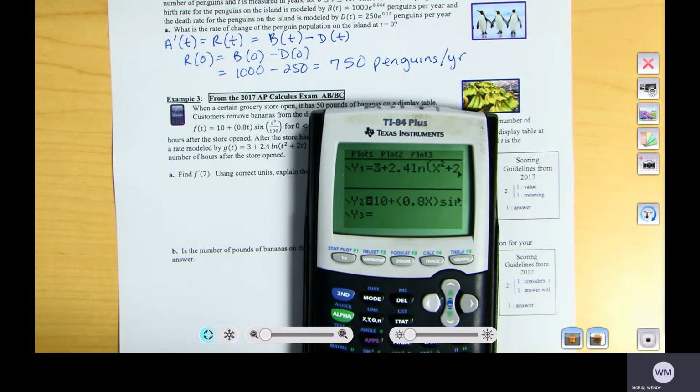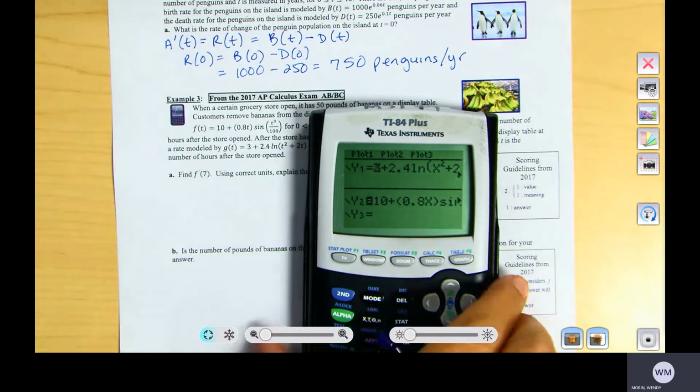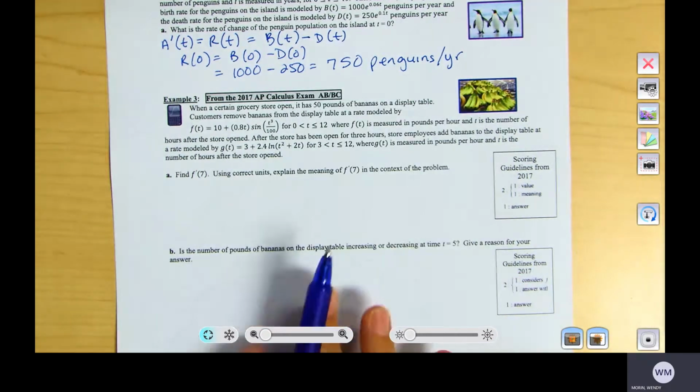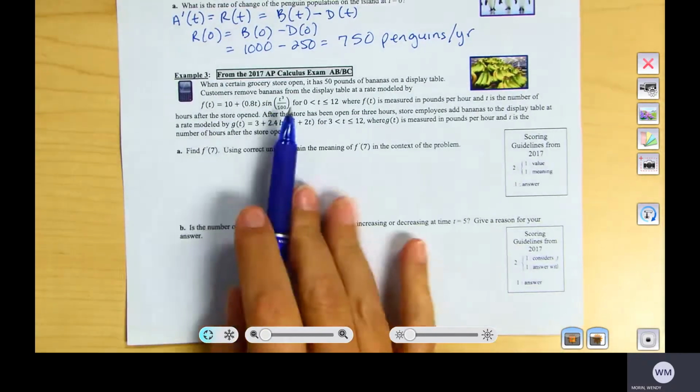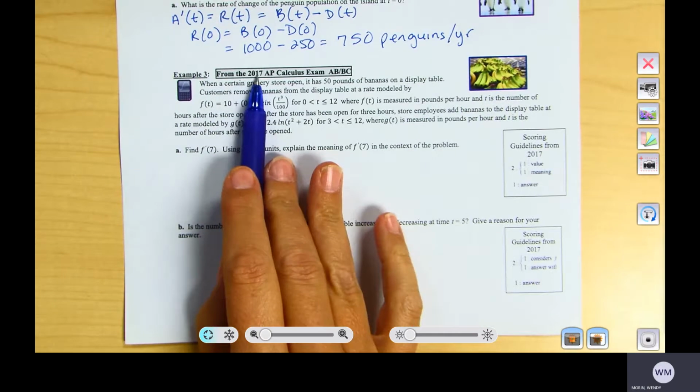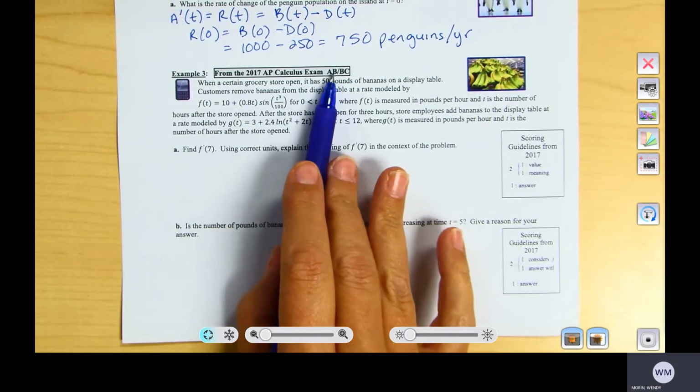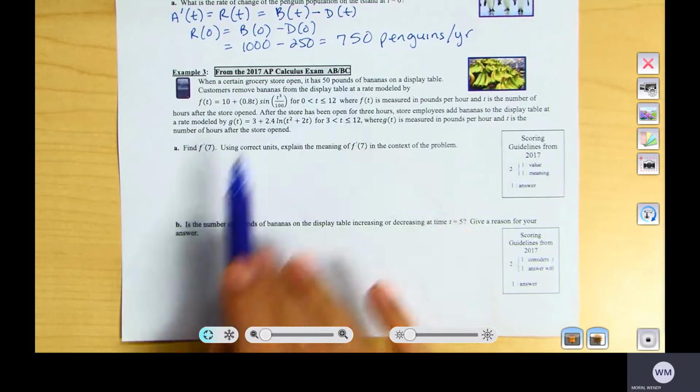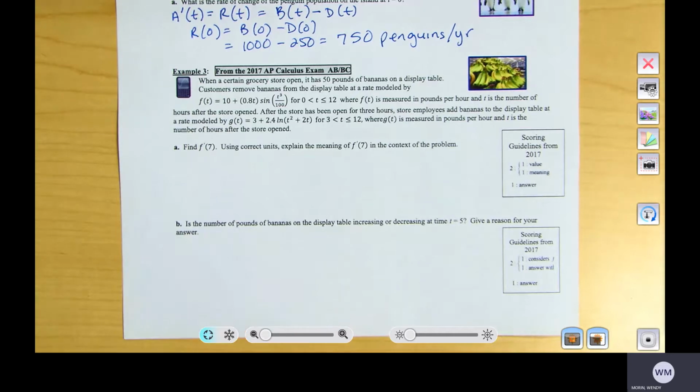The free response questions are for the entire year, the content. So we're just taking pieces of those questions. You can see that this is from the 2017 exam. This was on the AB and the BC exam, and we can do parts A and B with what we know up to this point.